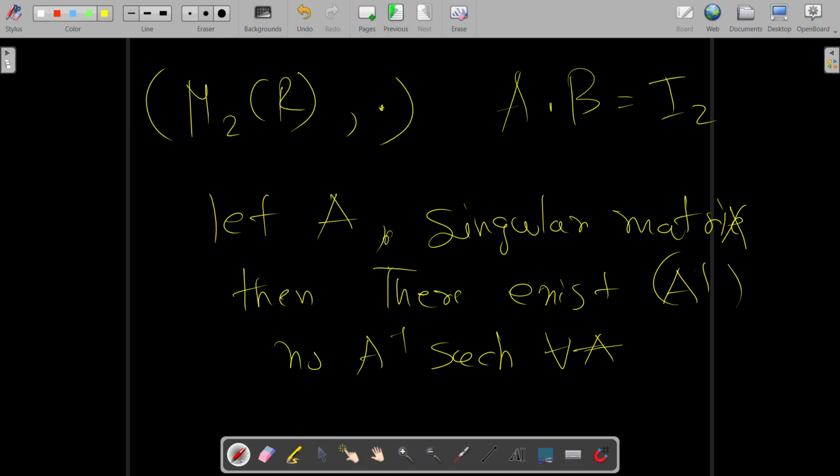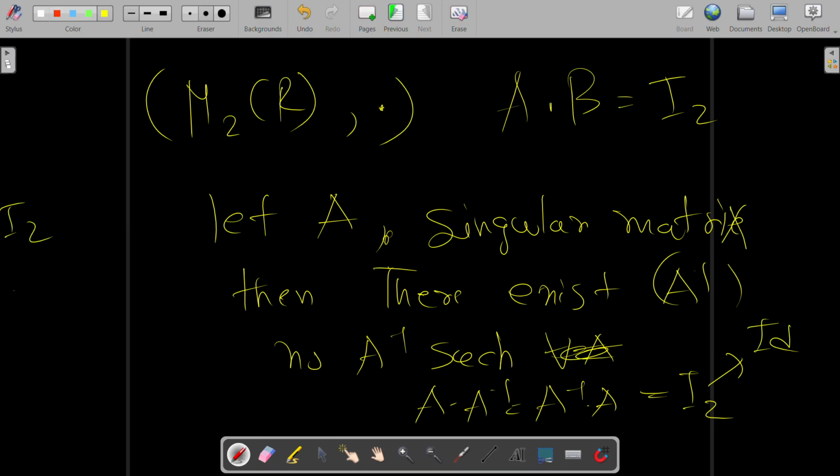For each A there exists an inverse such that A into A inverse equals A inverse into A equals I2, where I2 is the identity element, which can be written as 1 0 0 1. This is the identity matrix under the operation multiplication.